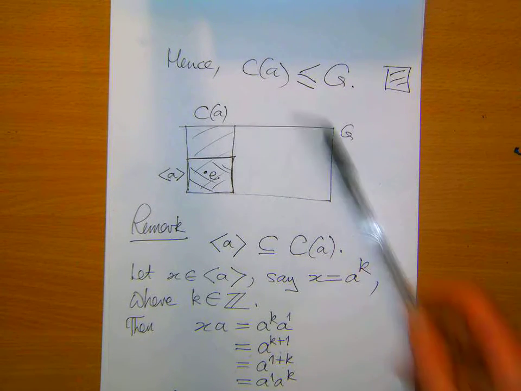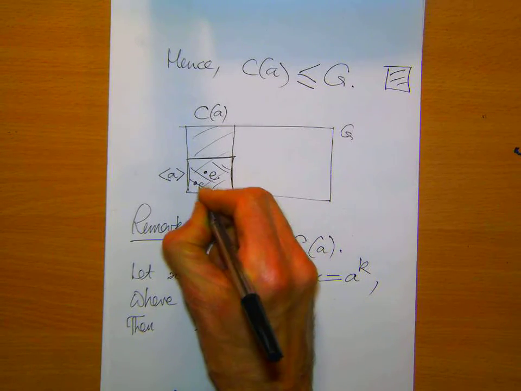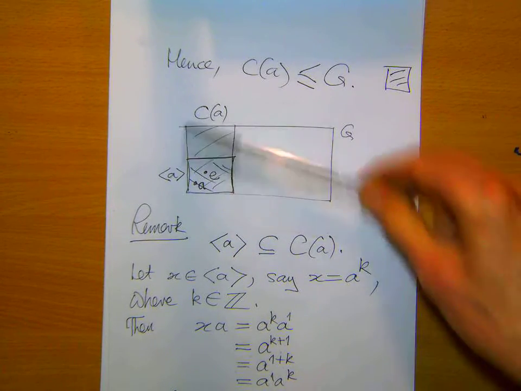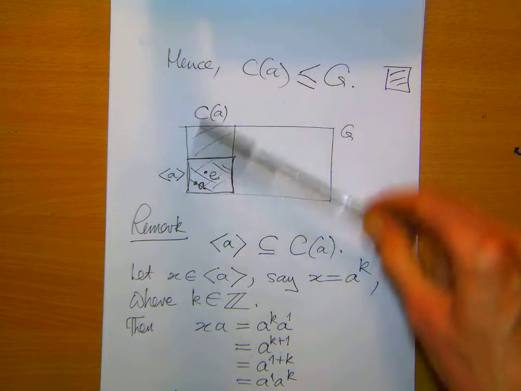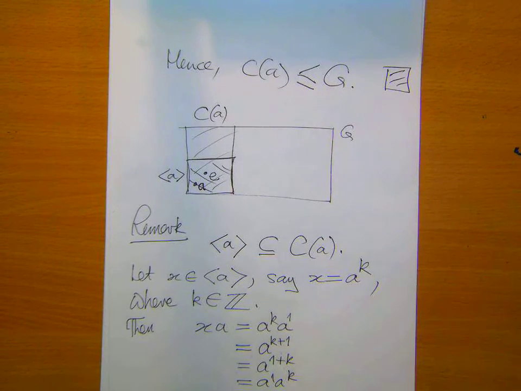Okay, so we've got the big group G. We've picked an element A, and we look at all elements that commute with A, and in particular inside C of A, which is the set of all elements that commute with A, you will have pointed brackets A. Okay?